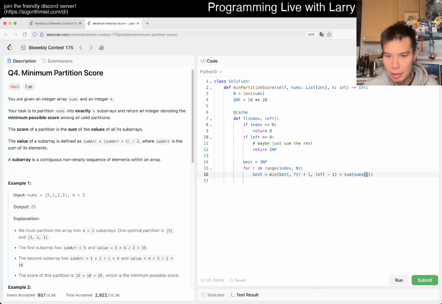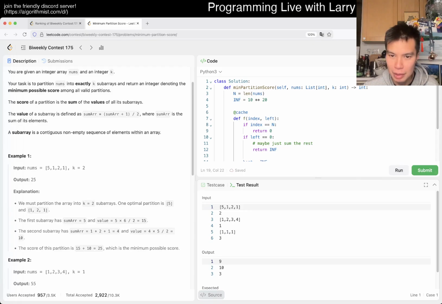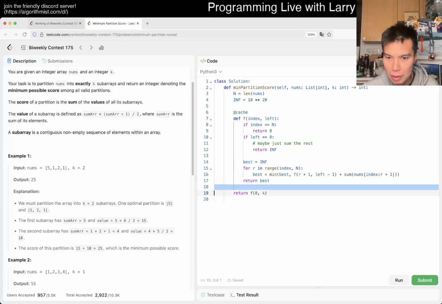I mean, I'm just writing it because I'm lazy, but. Right, so that's probably right, but it's going to be too slow, right? Oh, did I misunderstand this? Yes, I did.